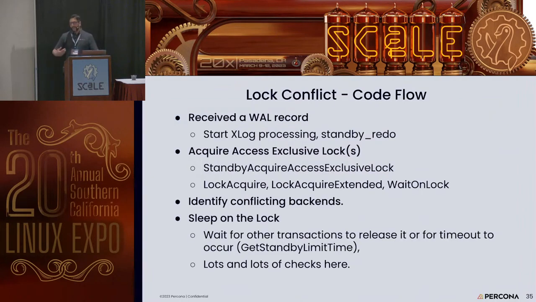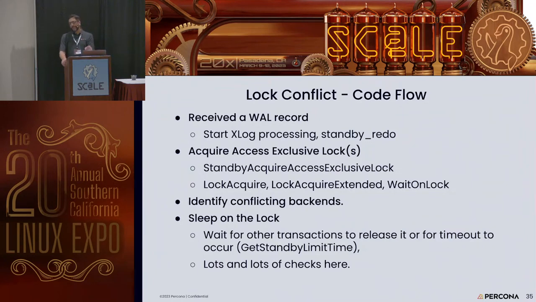Now let's look at how the server internally responds to such a scenario and what it's actually trying to do. The moment it receives a WAL record, it wants to redo that on the standby. In this particular case, it wants to acquire an exclusive lock on the relation. It goes through a lot of code and functionality just to assess and acquire the lock.